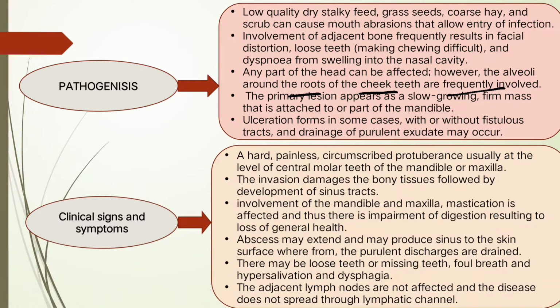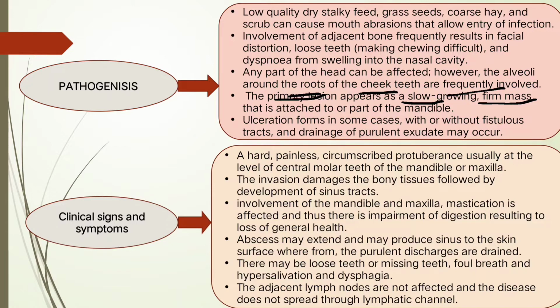The primary lesion appears as a slow growing, firm mass that is attached to or into part of the mandible. There will be small organisms surrounded by a mass, so we call it a lump, hence lumpy jaw.